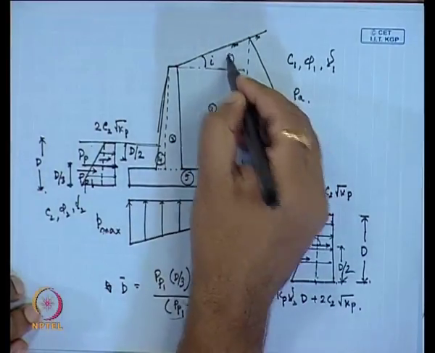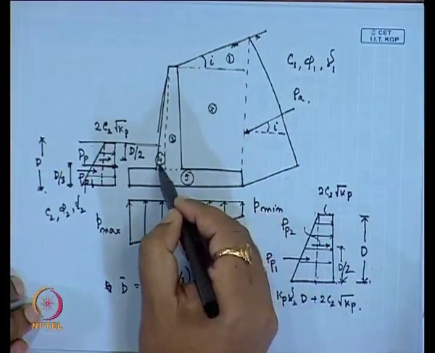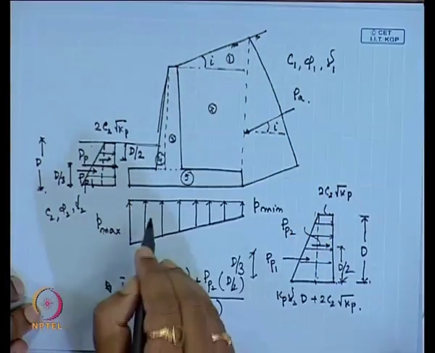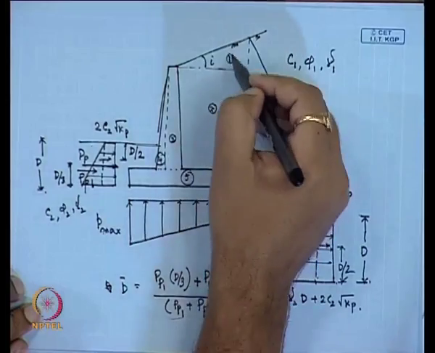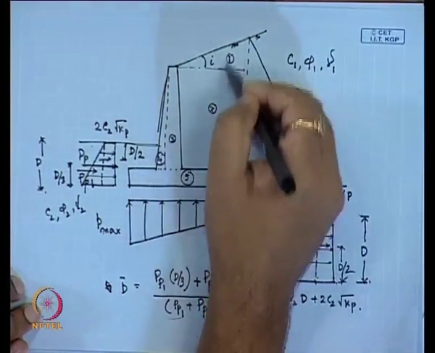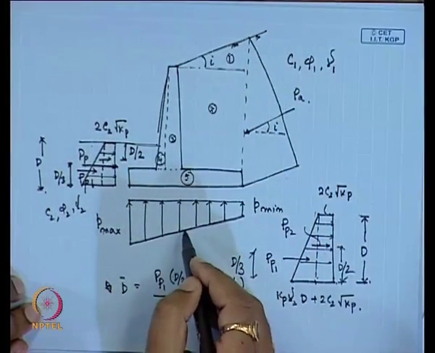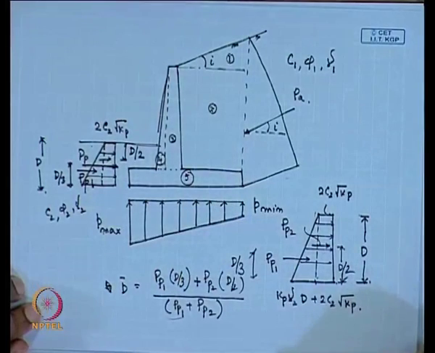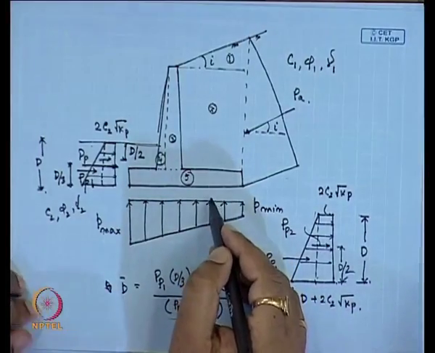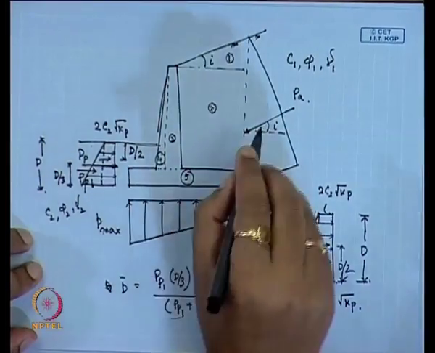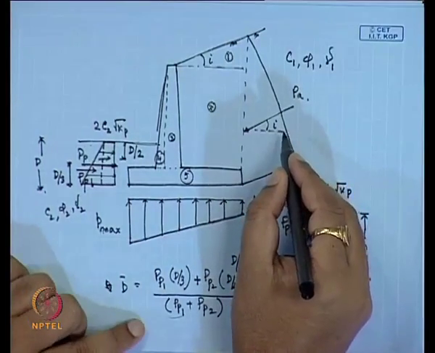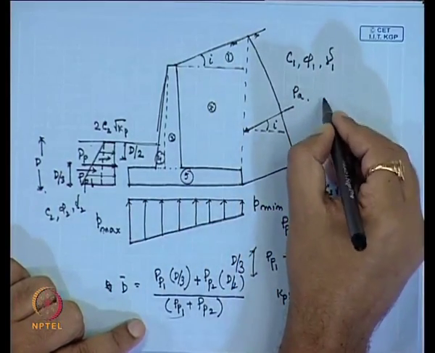All these sections we can take separately, determine the weight of every section, and then finally determine the factor of safety against sliding, overturning, bearing capacity and all those things.